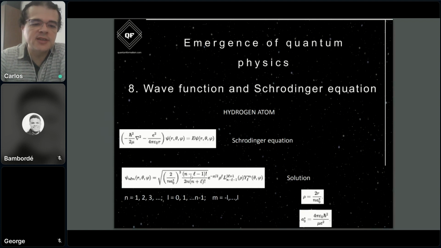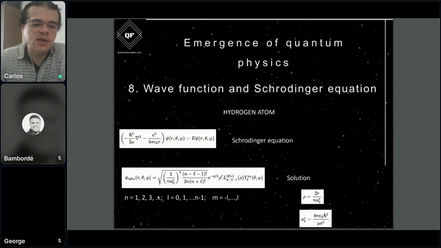I mean, this n and l, I didn't talk about this today, but they are quantum numbers. So n is 1, 2, 3. L varies from 0 to n minus 1.